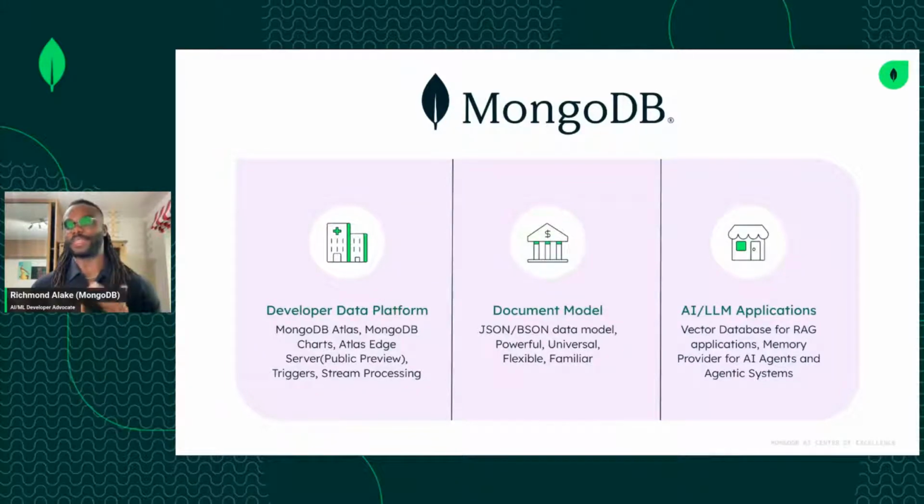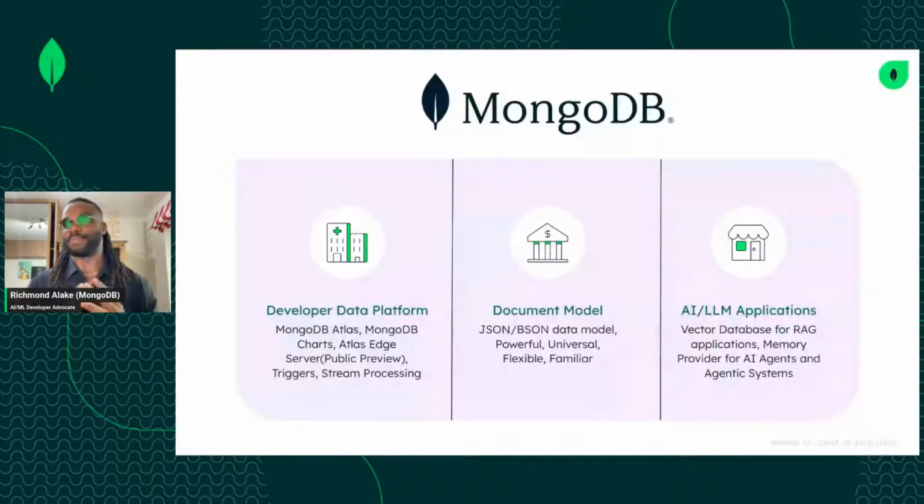And with this database feature, you can essentially build some form of memory store or vector database for your RAG applications or for your semantic search applications. And those of you that are exploring AI agents and agentic systems, you can see MongoDB as that memory provider for your agentic system.